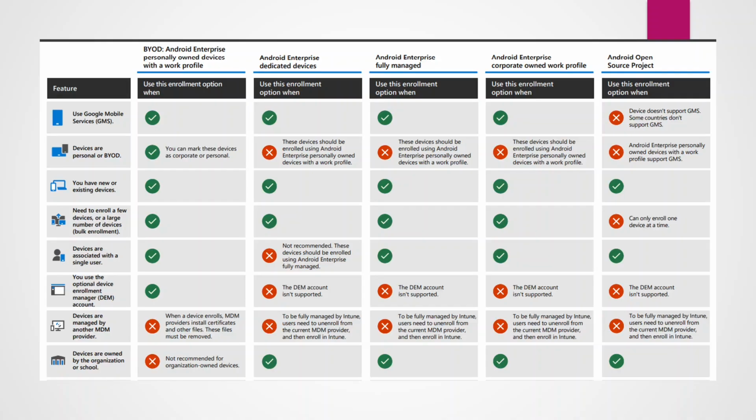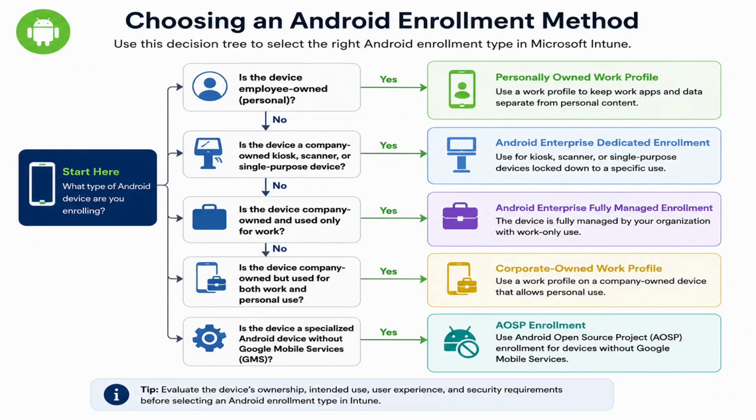Now, how do we select which Android enrollment method to go with? Here is a simple way to select the Android enrollment type. For an employee owned phone, use a personally owned work profile. For a company owned kiosk, scanner, or single purpose device, use Android Enterprise Dedicated Enrollment.